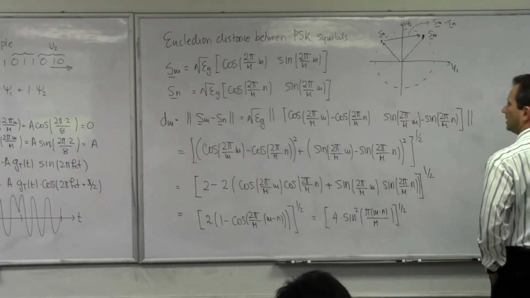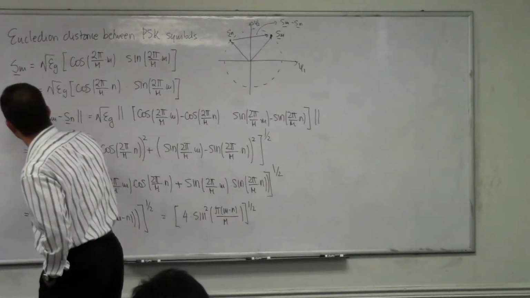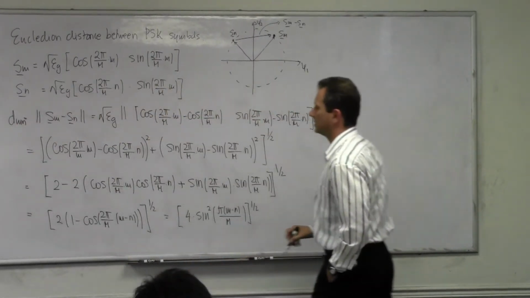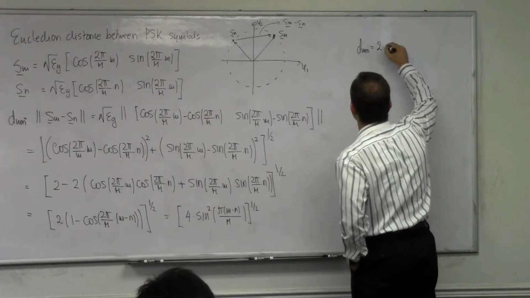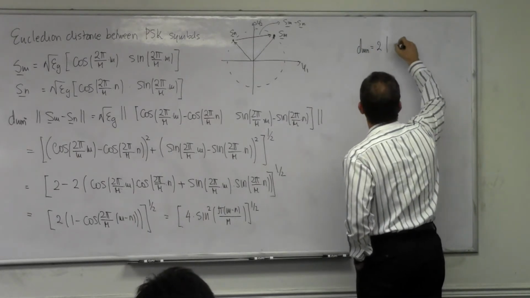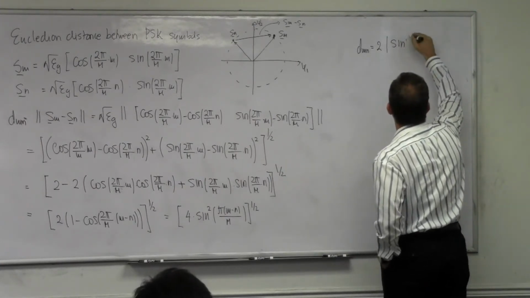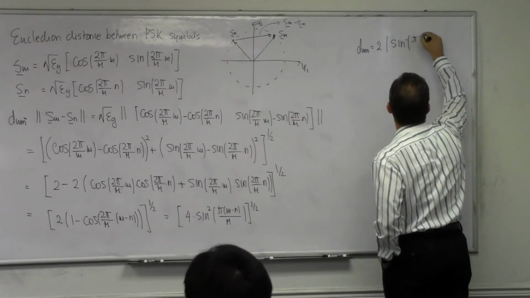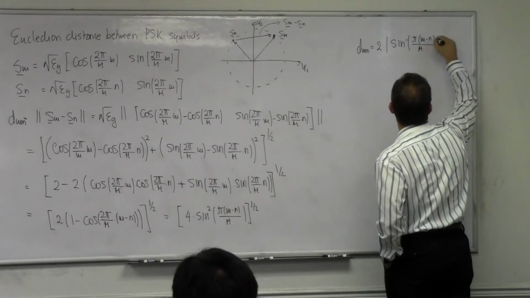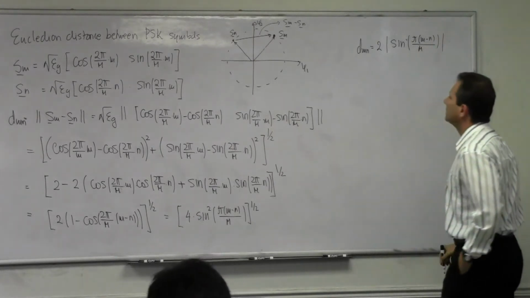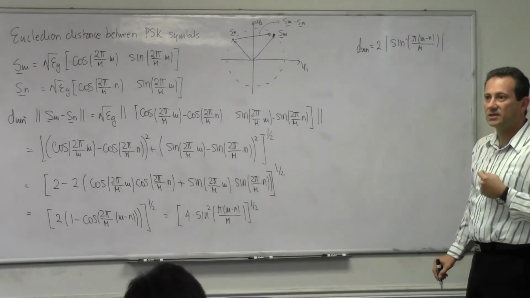And then I get a really nice formula, this is d_mn, the distance between the two symbols, m and n. d_mn is 2 times the absolute value of sine of pi times m minus n over M. Right. So that's the Euclidean distance between two symbols of a PSK constellation.